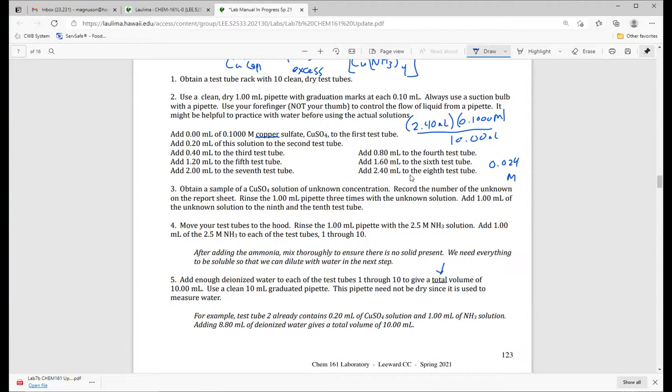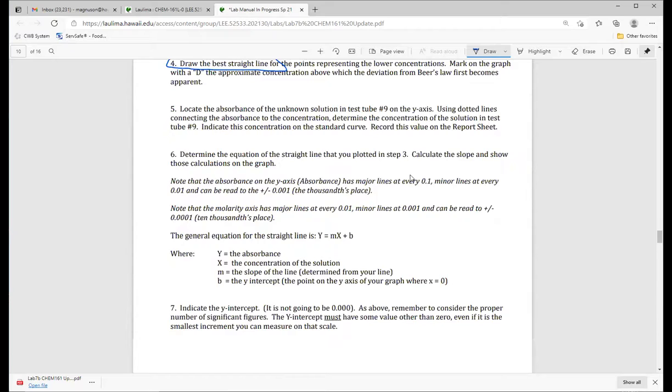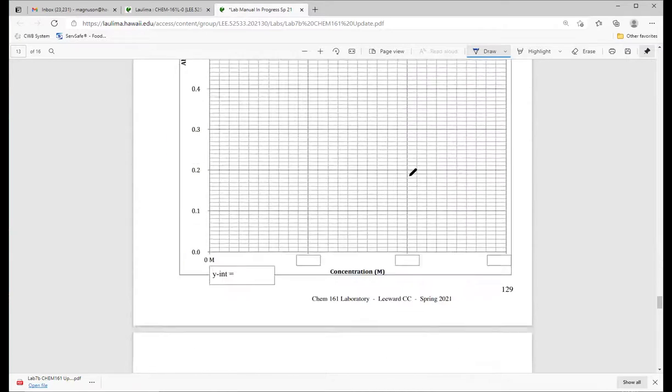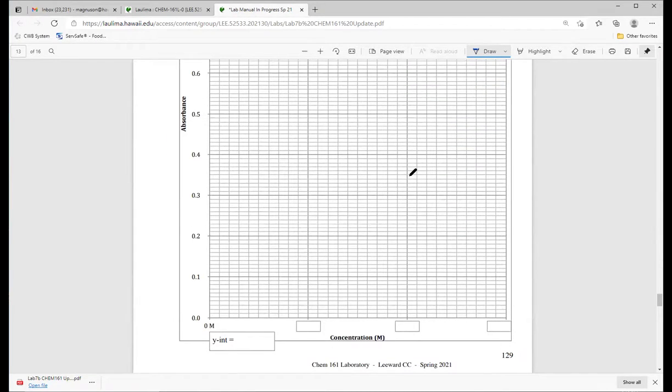So let's look at our graph. 0.024 was our highest concentration. So this could probably be 0.01, then 0.02 and then 0.03. That seems reasonable, right?